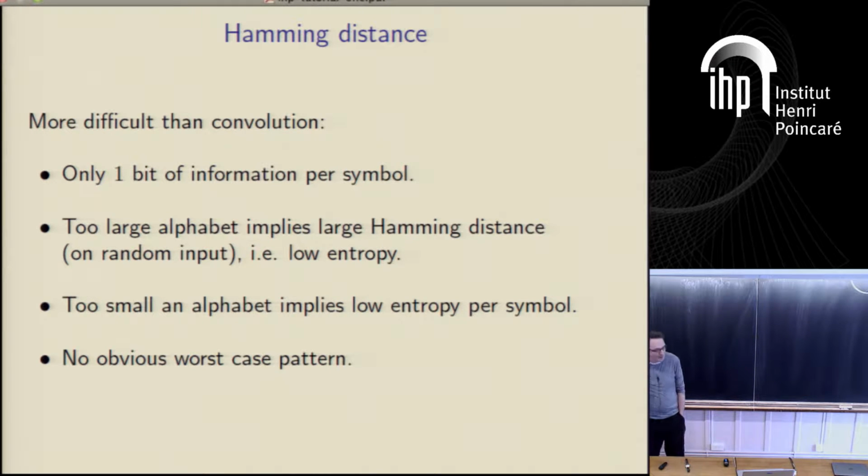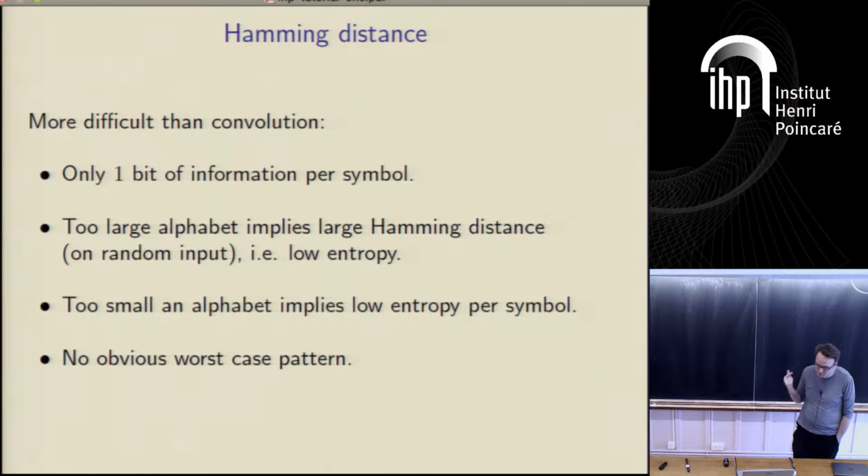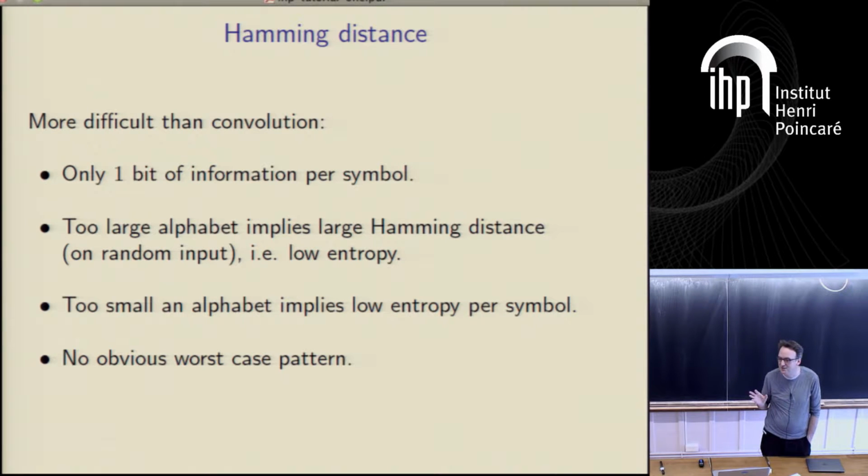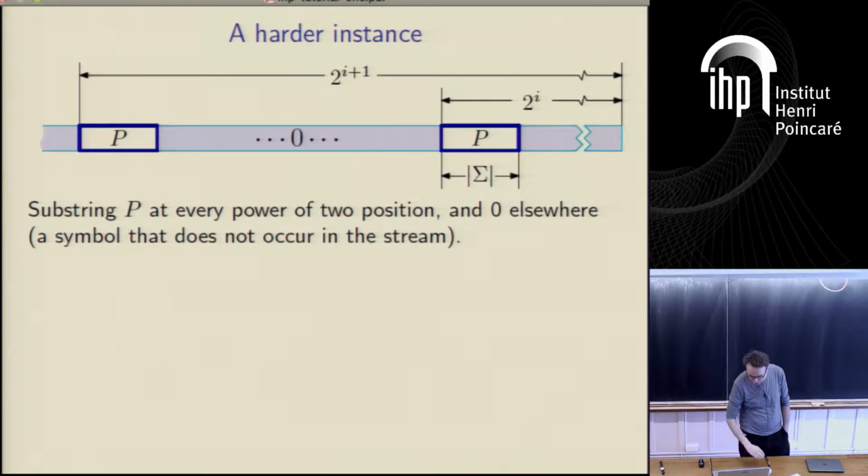So we have a problem here. We have a problem that Hamming distance just doesn't tell you much about a symbol. We don't want to have large alphabets, we don't have small alphabets, and we don't know what a worst case pattern should be. I just want to kind of convince you it's highly unobvious what you should do in the Hamming distance case. It's just much more difficult than the cross-correlation case. Okay? I can see some nods for difficulty.